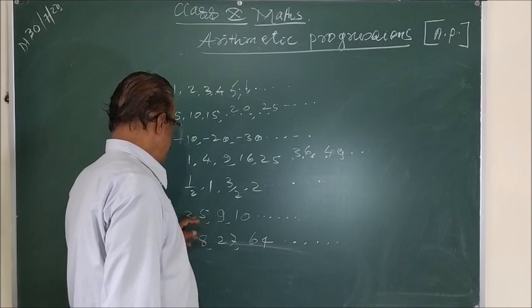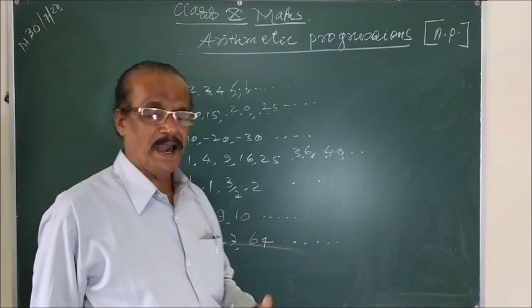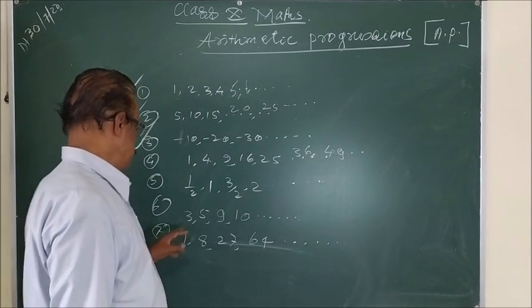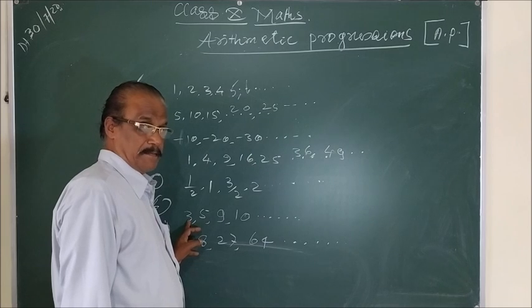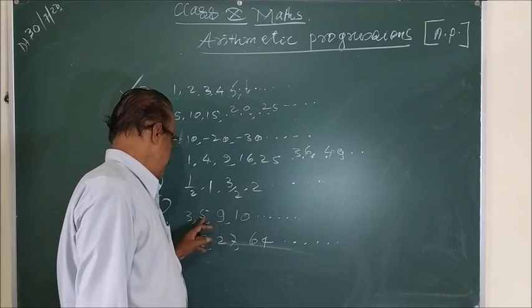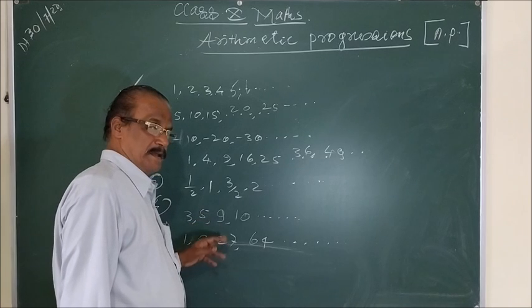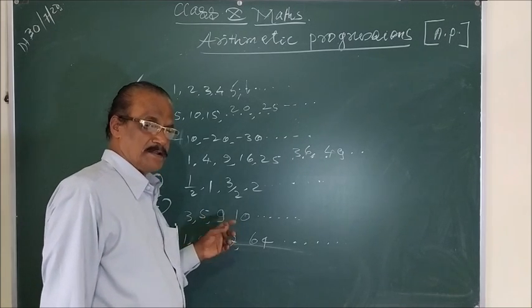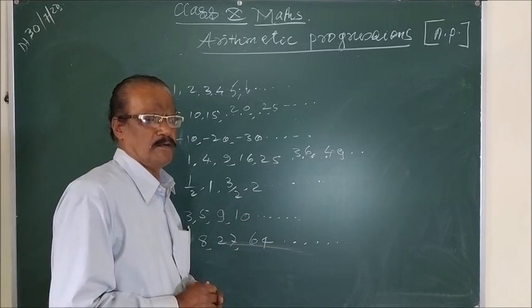Now these numbers don't have any specific pattern. Because you see, 5 is obtained by adding 2 to 3, 9 is obtained by adding 4 to the previous number 5, 10 is obtained by adding 1 to the previous. So no specific rule is followed here.